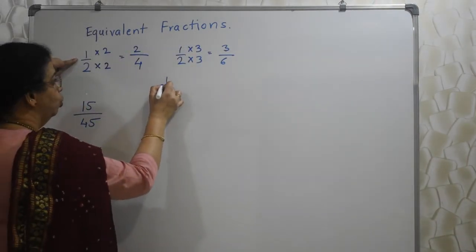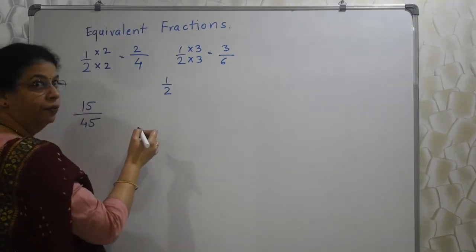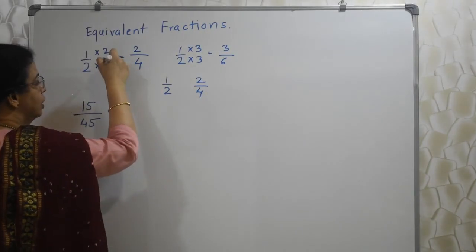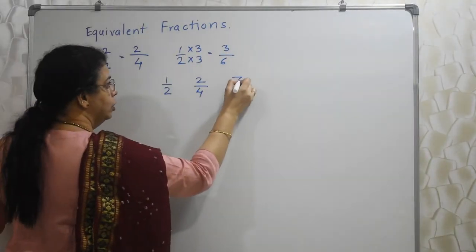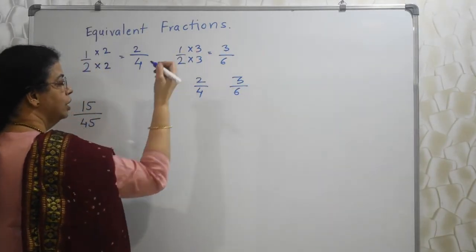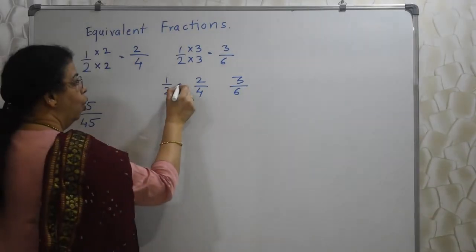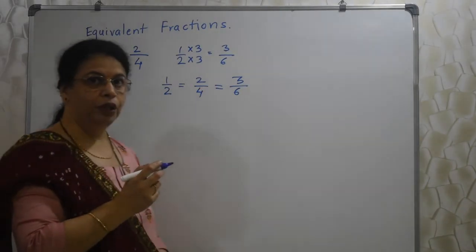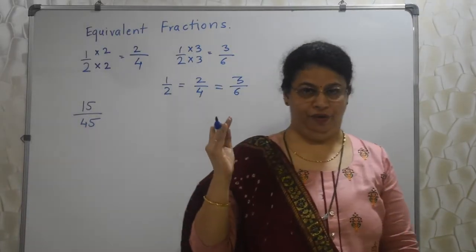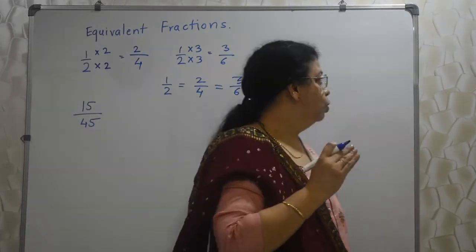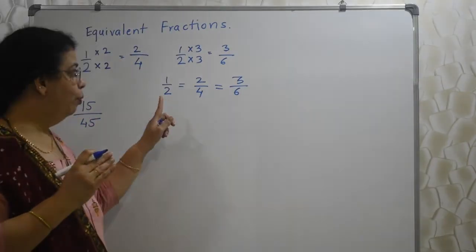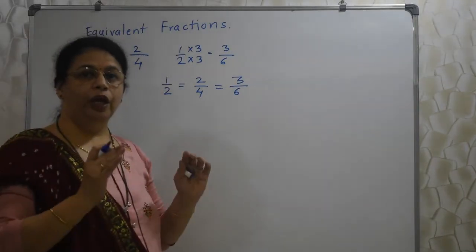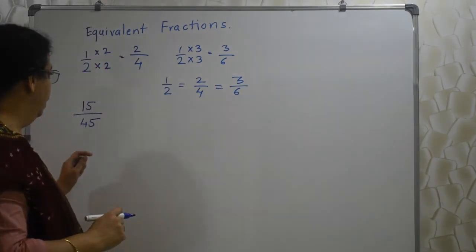See, 1 upon 2 was our original fraction. 2 upon 4 we got after multiplying both the sides by 2. 3 upon 6 we got by multiplying both the sides by 3. So all these fractions are of same value even though the digits look different. Okay. So 1 upon 2, 2 upon 4, 3 upon 6 all are equivalent fractions.